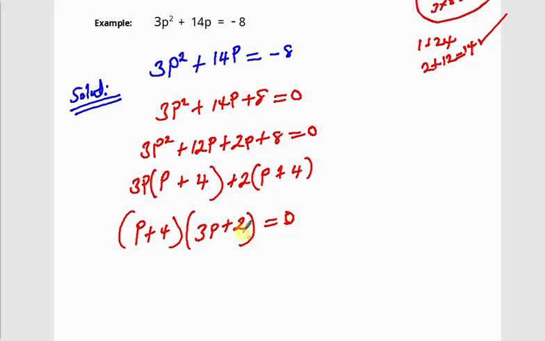Right. You see that here p plus 4 will be equal to 0, and 3p plus 2 will be equal to 0. Now we have p plus 4 equal to 0, or 3p plus 2 equal to 0.